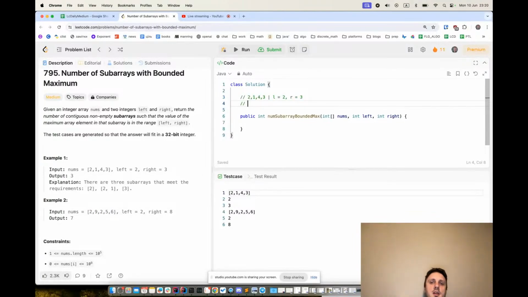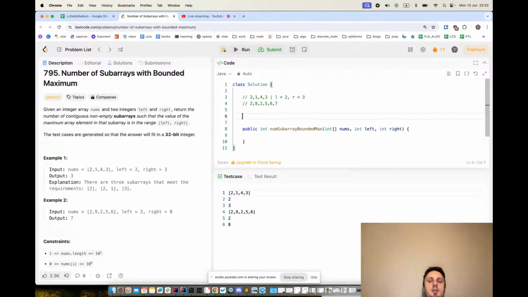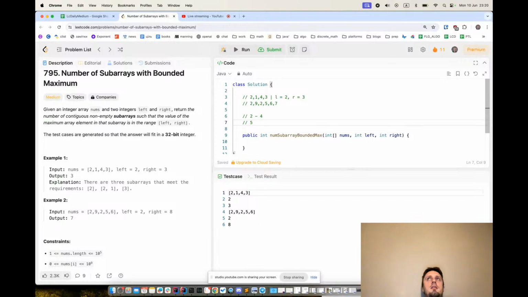So for example, let's say that we have 2, 9, 2, 5, 6, and 7. Here we see that it's 4. When we have 2, we have 4 elements. When we have 5, we have 5, 6 and 5, 6, 7, so for 5 we have 3.